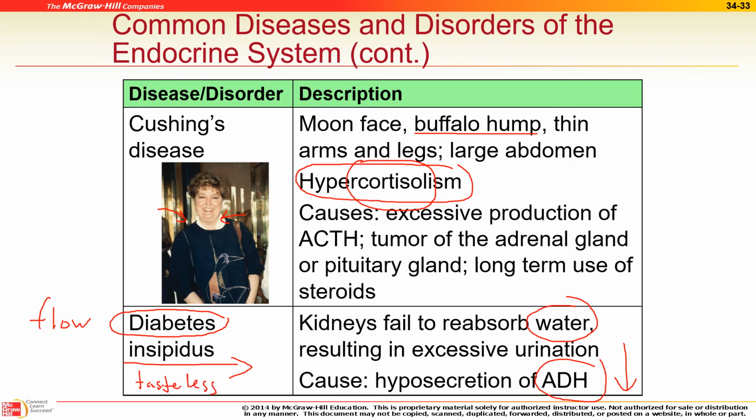So this urine that flows like a fountain will be tasteless. Whereas if it's diabetes mellitus, which is the sugar problem, then that urine should taste sweet. And this was one way doctors used to diagnose diabetes. They'd taste the urine to see if it was sweet or not.